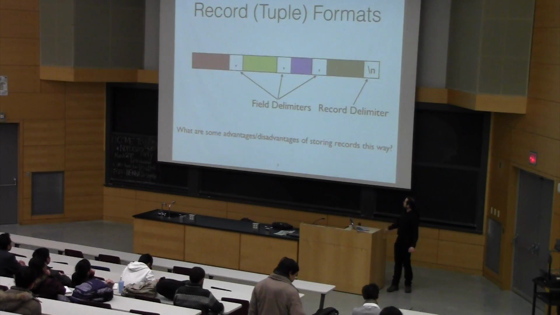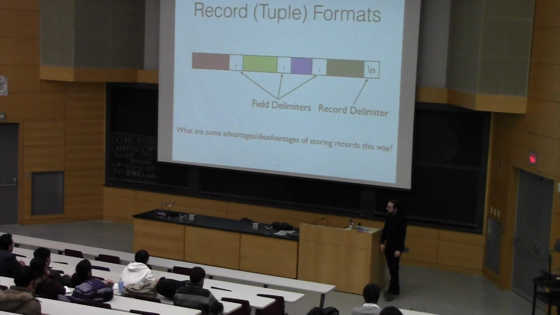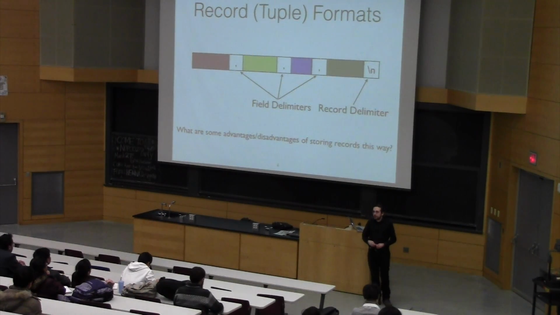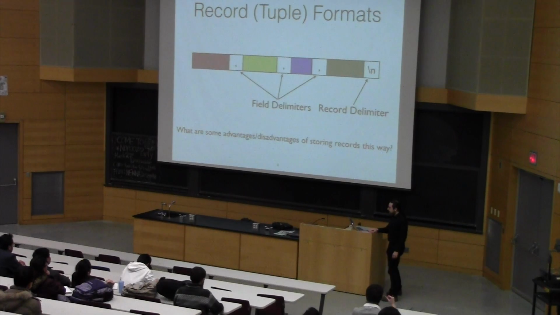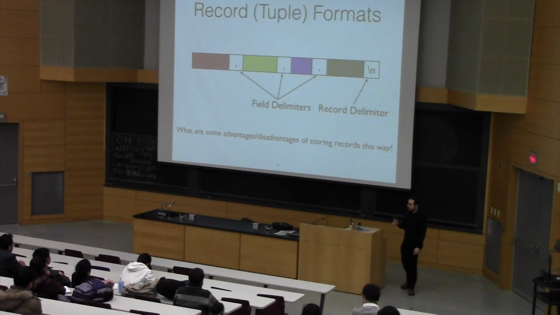Everyone's favorite format, CSV, essentially consists of a set of delimiters separating the different attributes in the record. And then the record ends when you have a special delimiter that tells you you've reached the end of the record. So why is this nice?